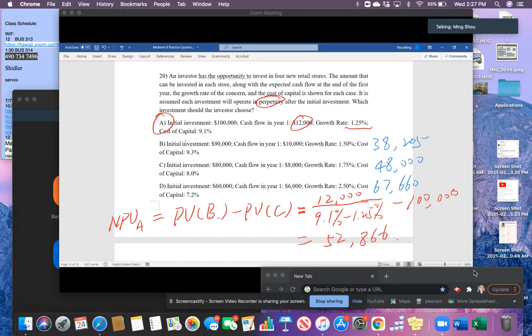Okay, so we compare these four numbers and pick the highest one, right? As we can see, investment D actually has the highest NPV, so we choose D. Okay, we choose D. So far, any question?